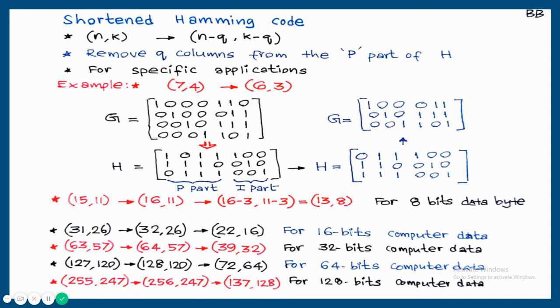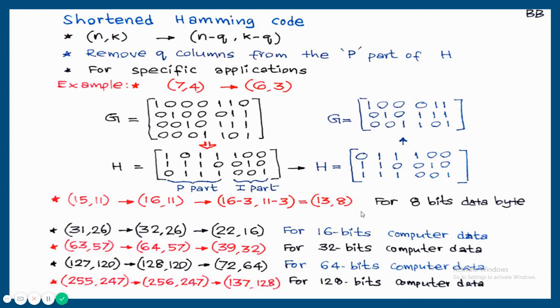63,57 is extended to 64,57. After that, 64,57 will be converted to 39,32. Similarly, 127,120 extended to 128,120, then shortened to 72,64. 255,247 will be extended to 256,247, then shortened to 137,128.